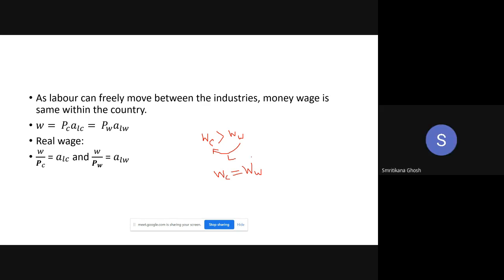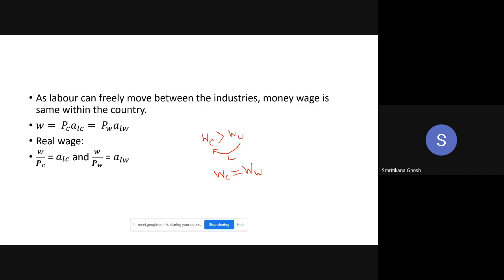Yes, I'm saying that the wage in the cheese industry is greater than the wage in the wine industry in the home country. Okay, as labor can freely move between the industries, in that situation laborers are leaving the wine industry and trying to enter the cheese industry, as wage is higher in the cheese industry, right?